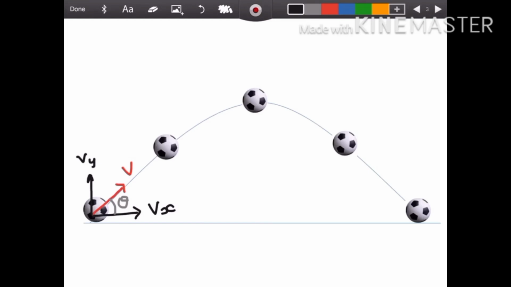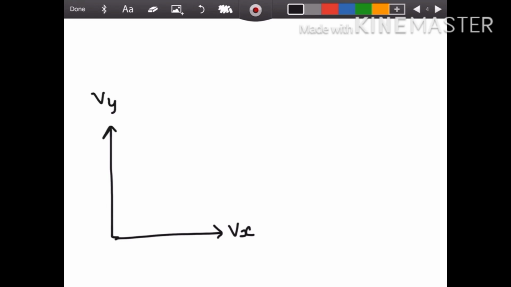Again, when we reach the second position, we can consider this is the Vx, this is the Vy, this is the point of origin, and these two components are the result of this velocity v, correct?